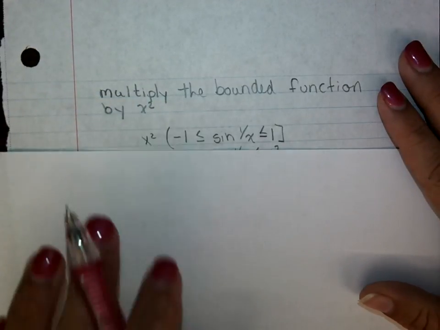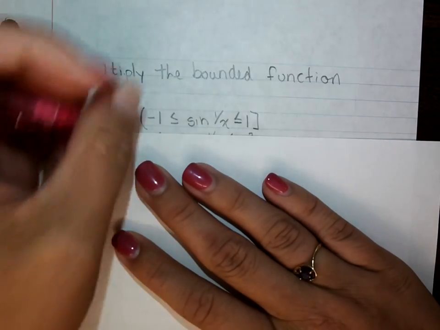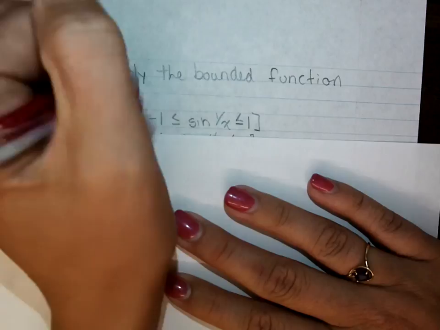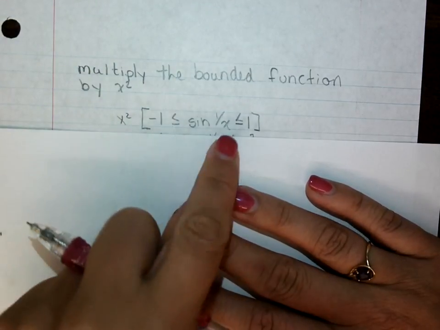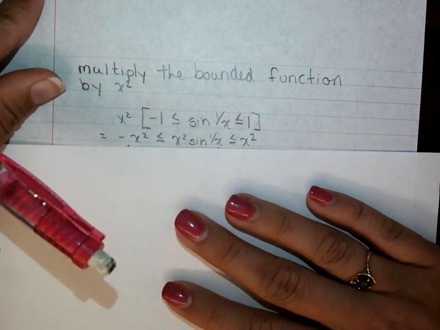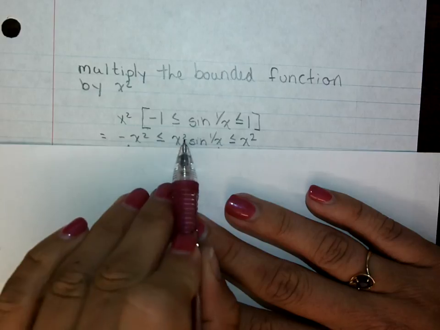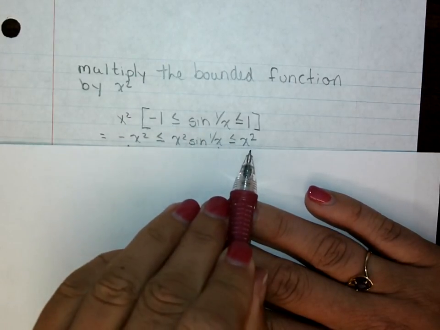Now this is kind of weird. I used one soft bracket and one hard bracket. Let's change that. Okay, so I'm going to take x squared and give it to all three of those. So this becomes negative x squared is less than or equal to x squared times sine 1 over x is less than or equal to x squared.